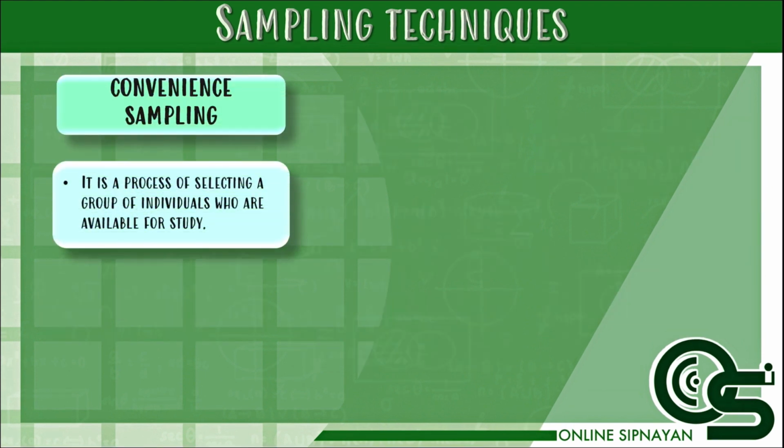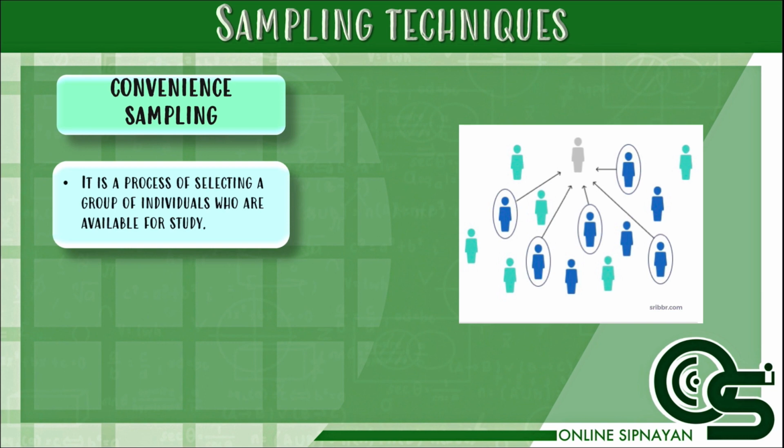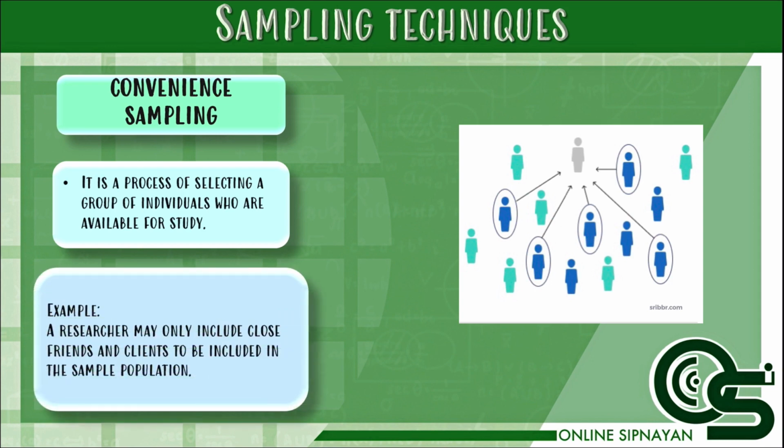It is defined as a process of selecting a group of individuals who are conveniently available for study. For example, a researcher may only include close friends and clients in the sample population. For you to understand this further, in reality, it is easier to approach the ones who are close to us. That's why it's convenient. It saves time and energy since we already know them.